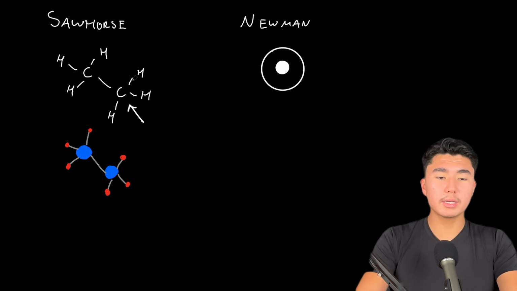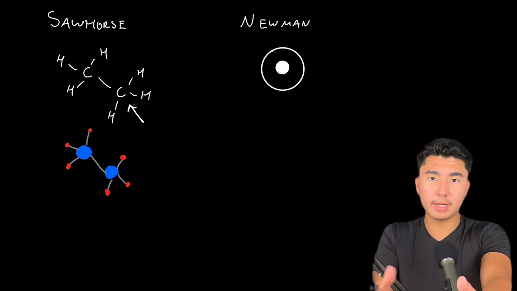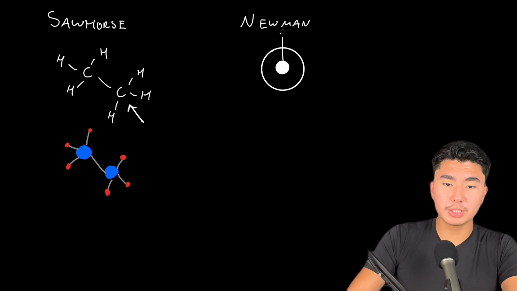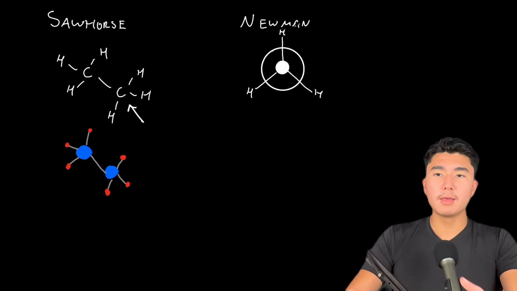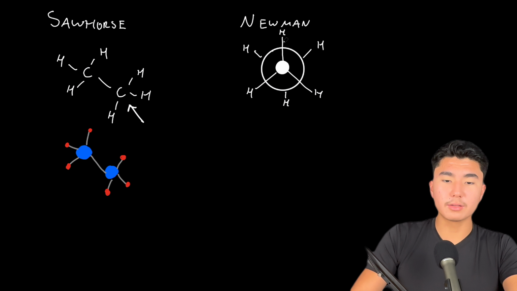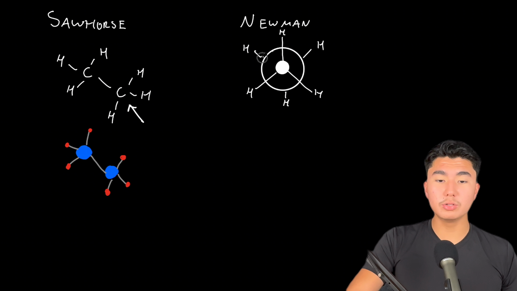If we're looking at this sawhorse projection, and we're twisting it and looking at how the carbons are aligned, then we're going to have a hydrogen sticking up here, over here, and down here in our front carbon. Then we have to account for our back carbon as well. So that's a hydrogen right there, we have another hydrogen, and we have another hydrogen. And that is our Newman projection.